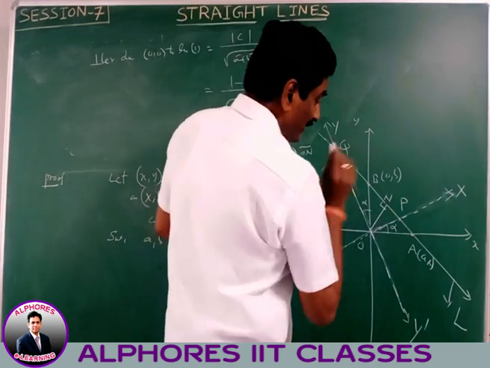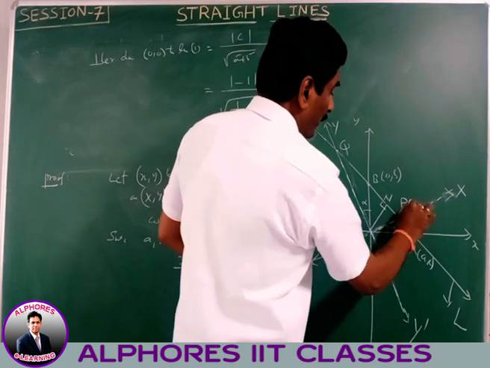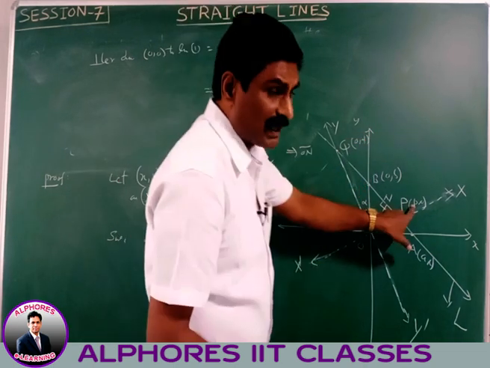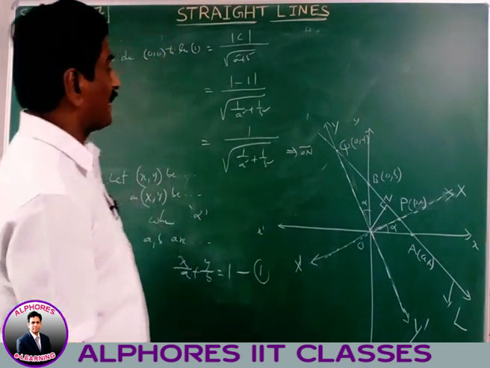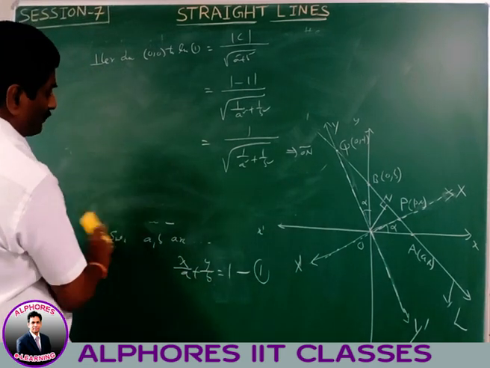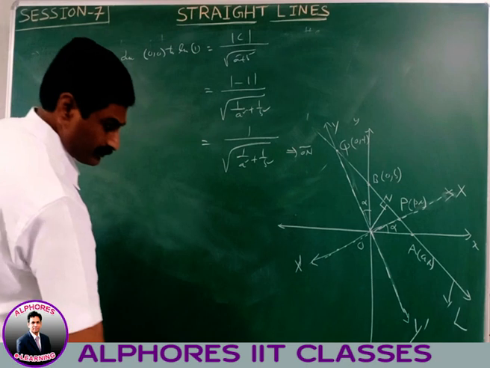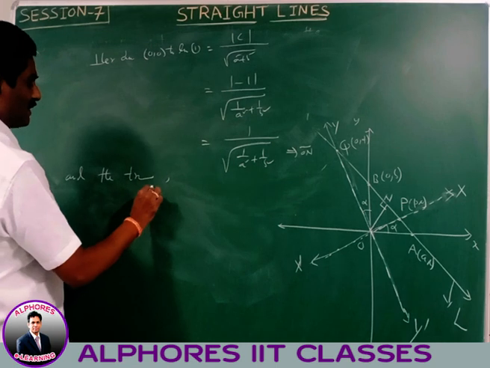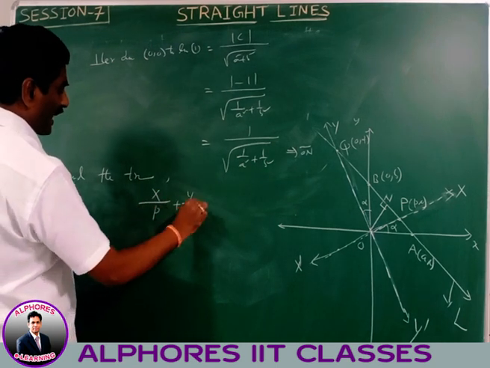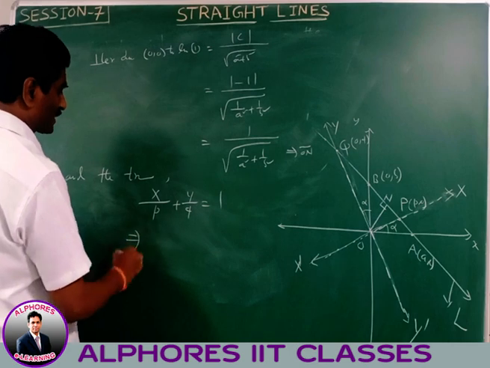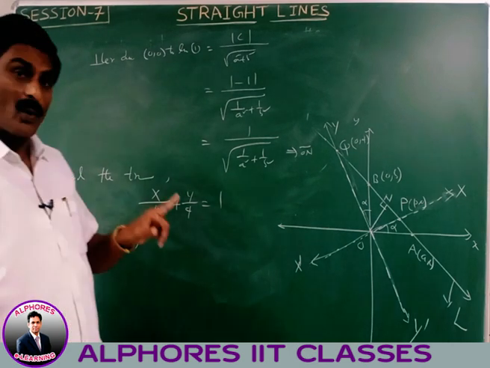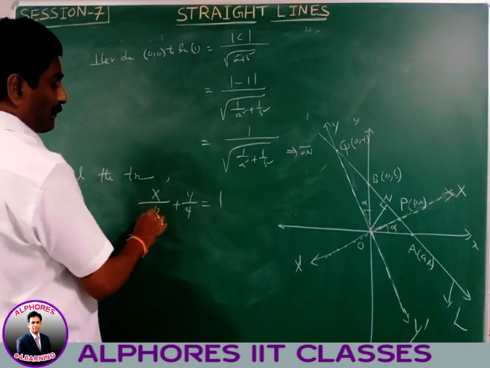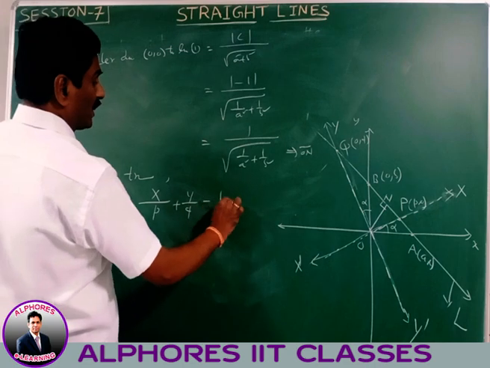In this case, the line cuts the x-axis at capital P comma 0, and the y-axis at 0 comma capital Q. Here the x-intercept is P, the y-intercept is Q. So, the transformed equation of the line in this case is capital X by P plus capital Y by Q is equal to 1. That means, since P is the x-intercept and Q is the y-intercept in the transformed equation, x by P plus y by Q minus 1 is equal to 0. It is the equation of the line.